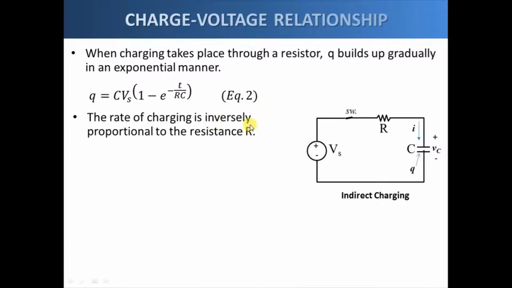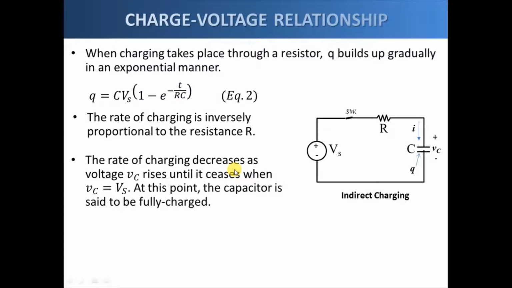The capacitor is still being charged in an exponential manner, and the rate of charging is actually inversely proportional to the resistance that is in series with the capacitor. Meaning that the larger the resistance, the slower the charging of the capacitor will be.